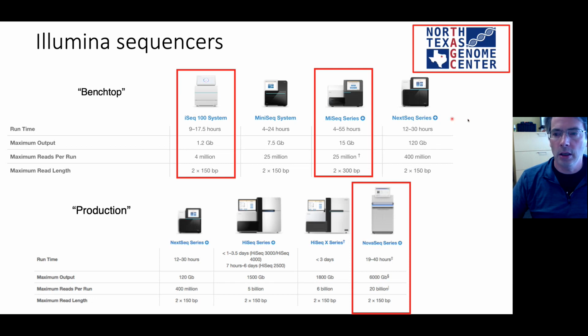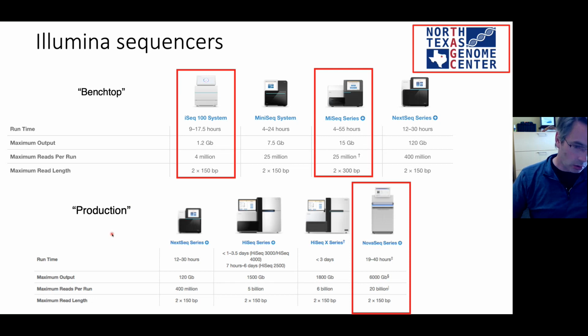This scale here is the maximum output: how many base pairs do you get off of a run? You can go the iSeq, right? These are relatively low capacity, so 1.2 gigabase pairs to 15. NextSeq sort of bridges a gap. This goes up to 120, but these all sort of fit on your lab bench.